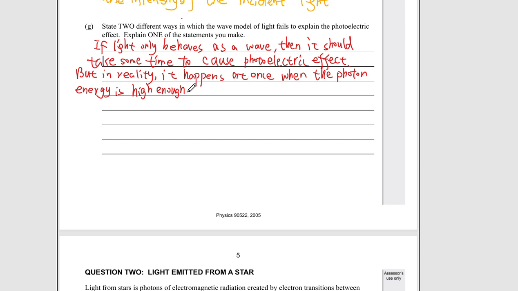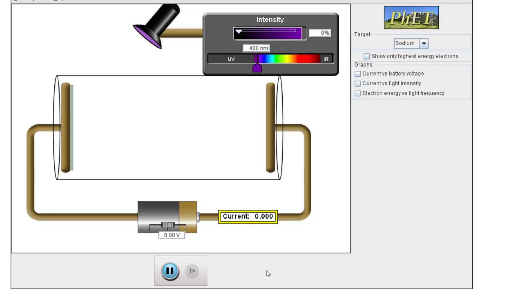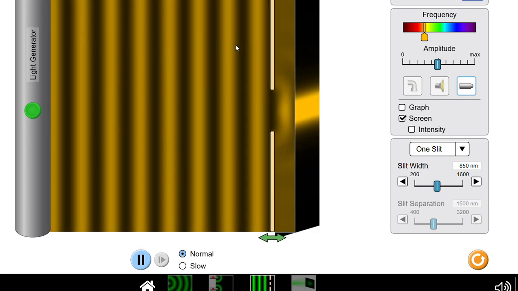Okay, so I think this is going to be one way. You cannot use the wave side of light to explain the photoelectric effect. Okay, another one. Let's also look at this simulator here.